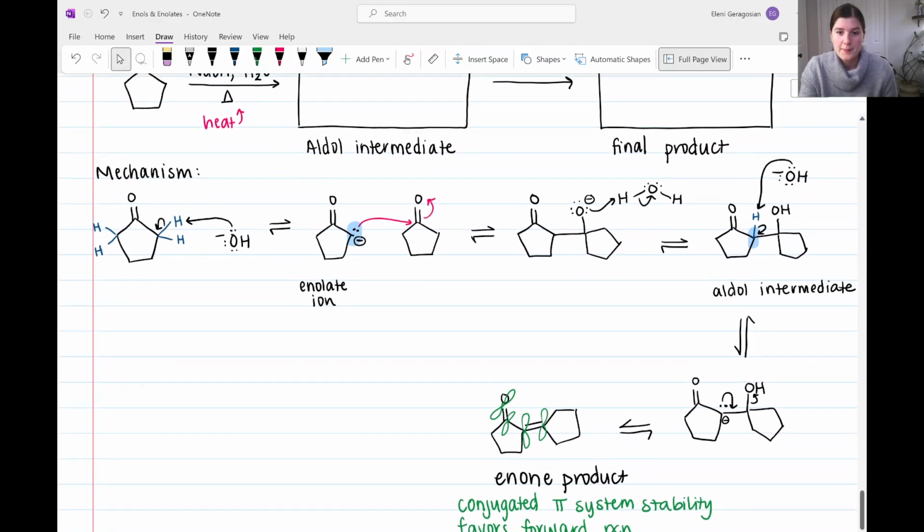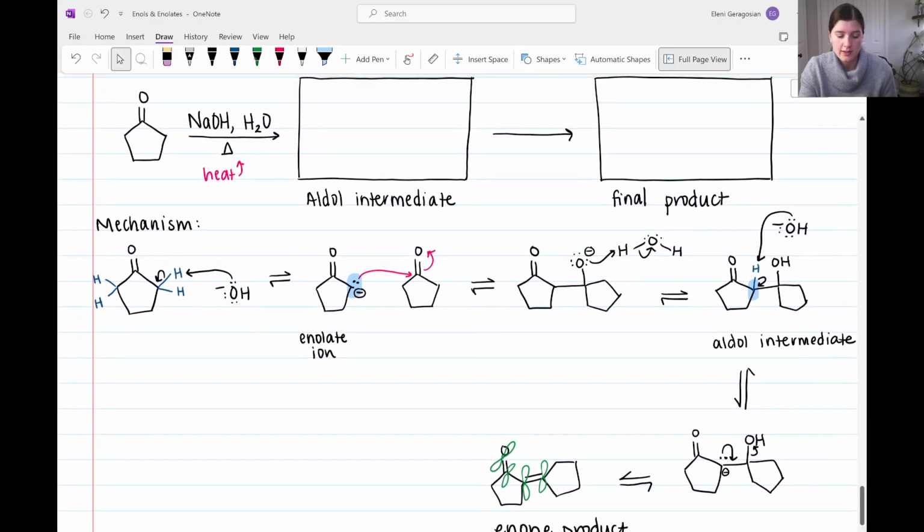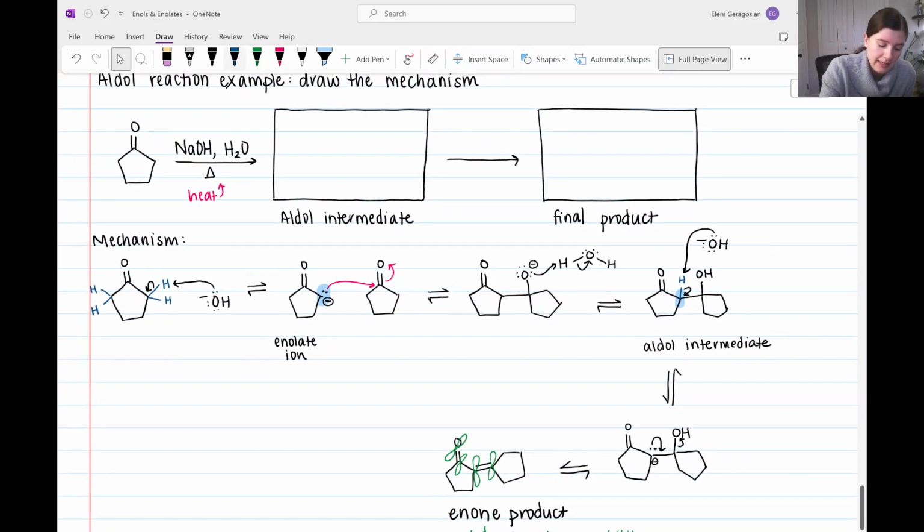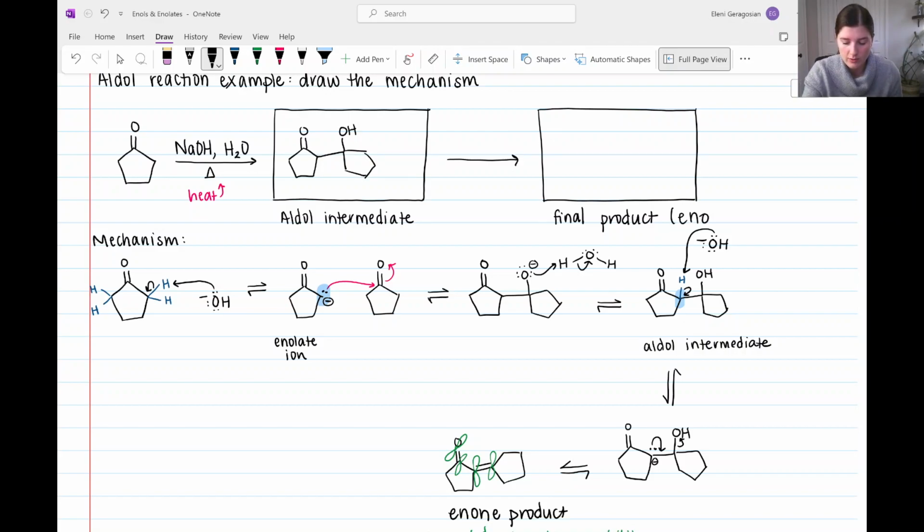Okay, so we've drawn the mechanism. Now let's write our final products, the intermediate and the product in these boxes. So we formed the aldol. We have that new carbon-to-carbon bond with the alcohol group. So that's our aldol intermediate, and our final product is the enone.